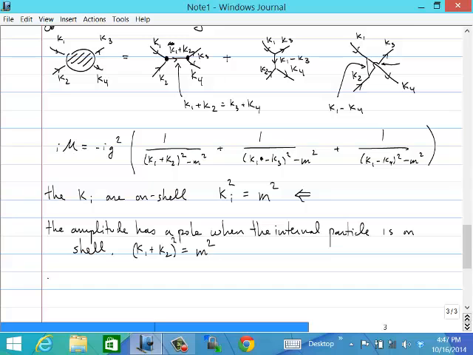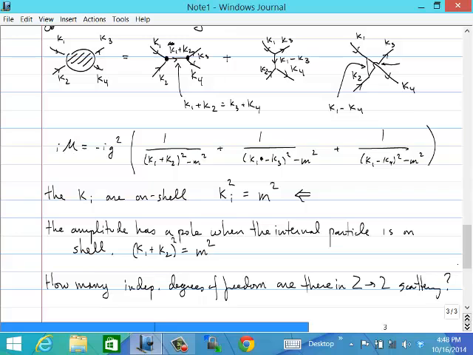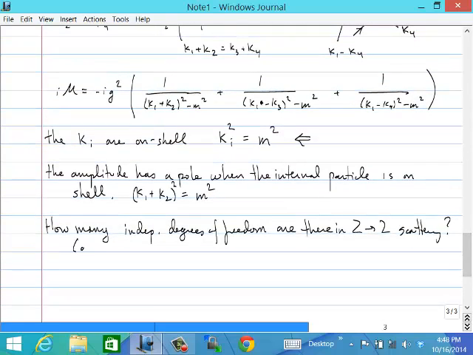So the question you can ask is, how many independent degrees of freedom are there in two-particle to two-particle scattering, after accounting for momentum conservation and the conservation of energy?